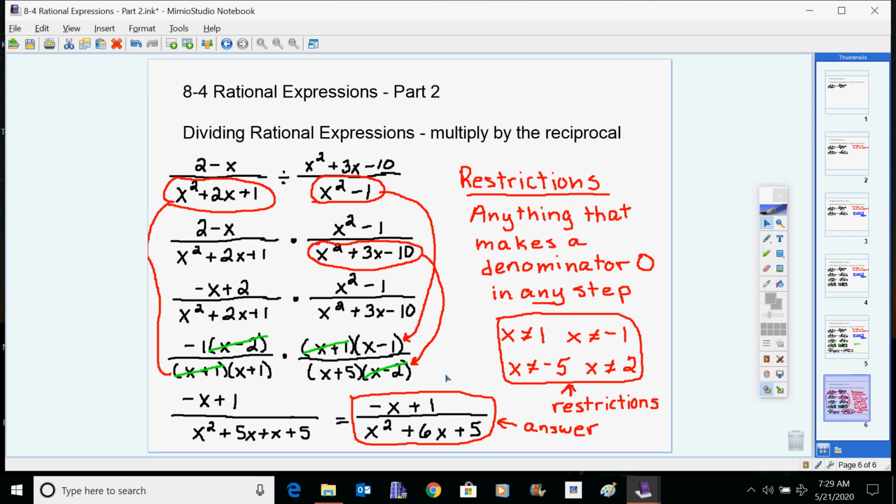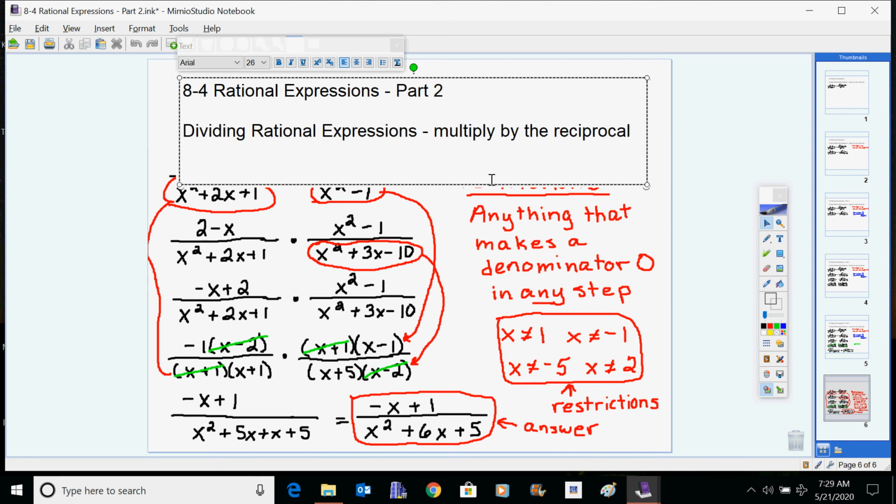And if you needed to type it out, okay, let's see here. We wanted to type out that answer. Just borrow from here. You would type it out as -x plus 1 divided by x squared plus 6x plus 5.